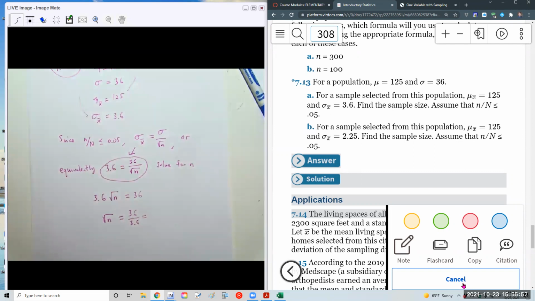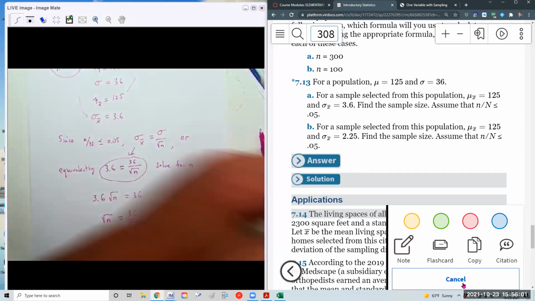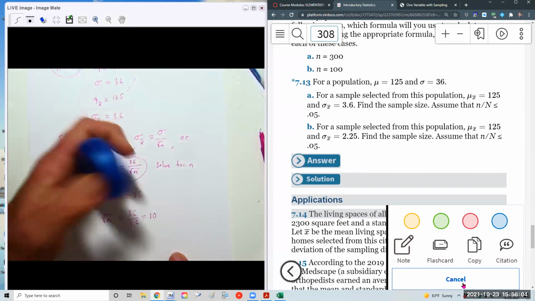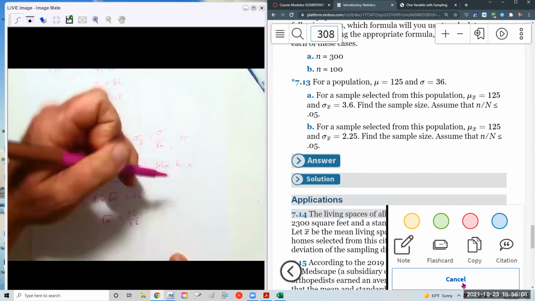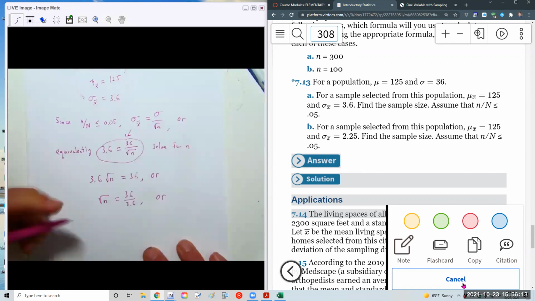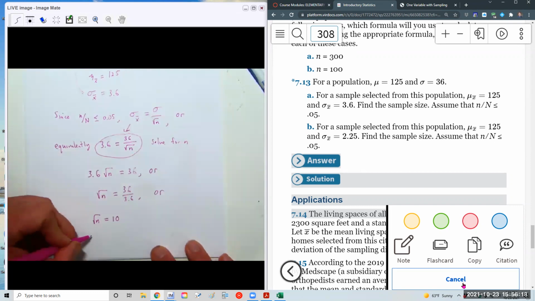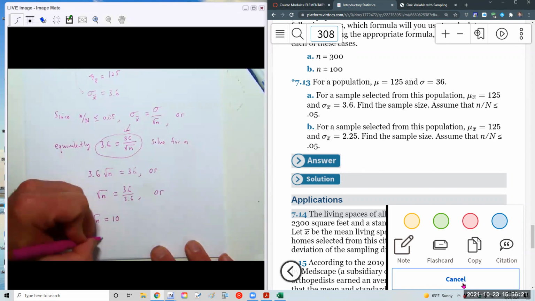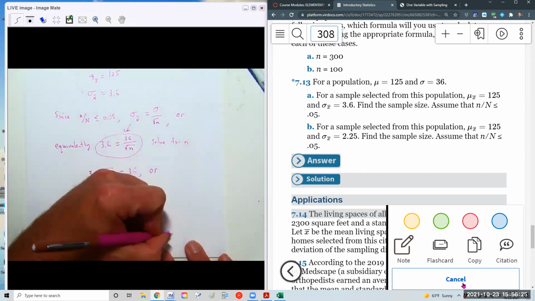That is going to give us 10. So the square root of n is equal to 10. Now, if we square both sides, then we get that n is equal to 10 squared, or n is equal to 100, and that's what they wanted.